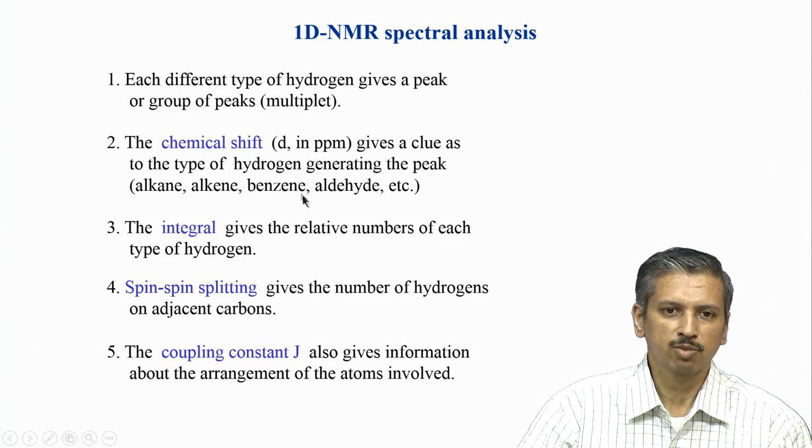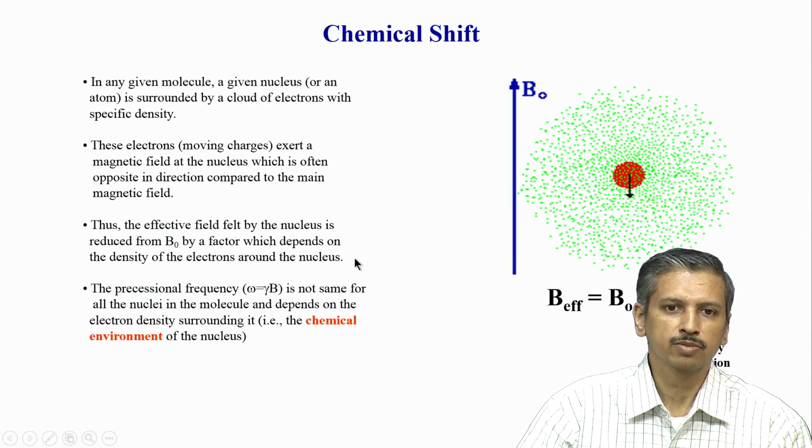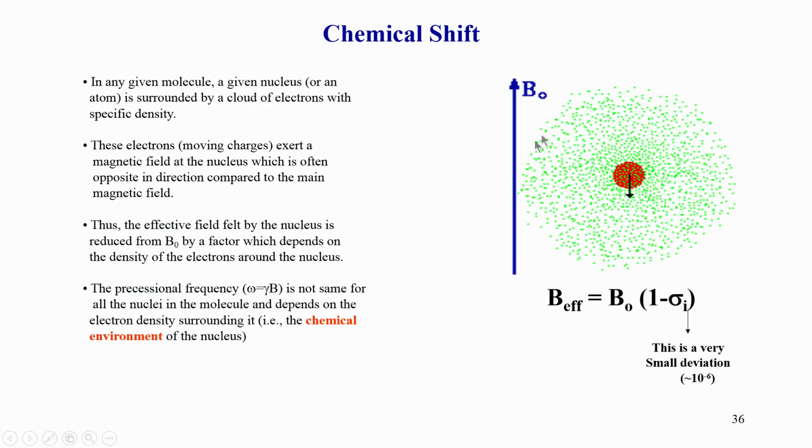So, we will look at this chemical shift in a little more detail now and see how it is calculated. First, why does the chemical shift arise in a molecule? This was briefly covered in the previous class. What happens is you have a nucleus sitting in the center of an atom, and an atom consists of an electron cloud, which is not a single electron but a cloud of electrons that tries to oppose the magnetic field at the nucleus.